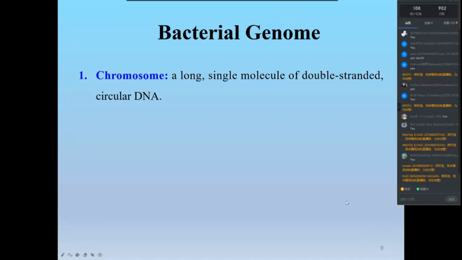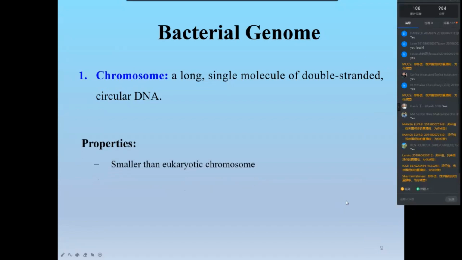So here are some properties of this circular DNA. First, it's circular DNA, not linear. It's long. Long means relatively long. It's longer than the plasmid, but it's a single molecule. Even though it's very big, it's a single molecule, and it's double-stranded.